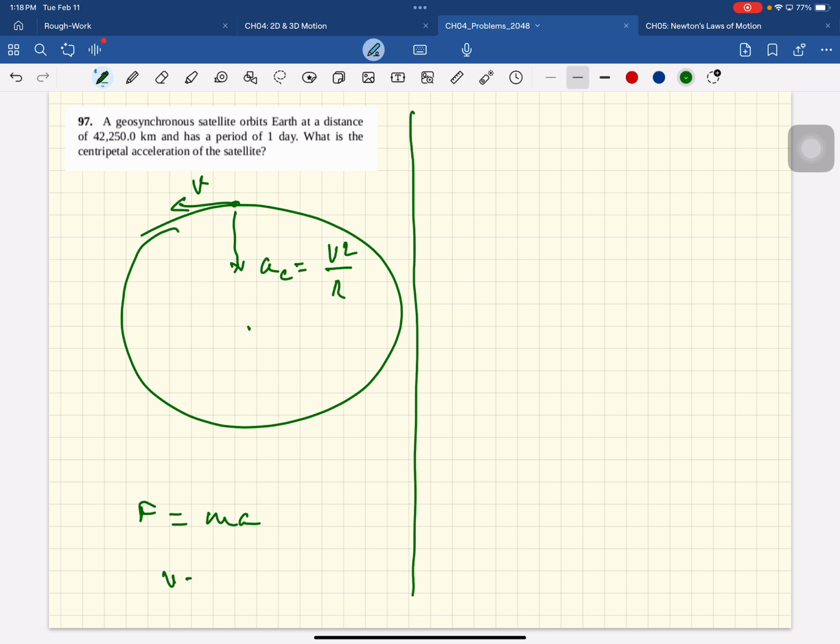So the speed of the satellite is 2 pi r over the period. Okay. So the centripetal acceleration is (2 pi r over period) squared divided by r.